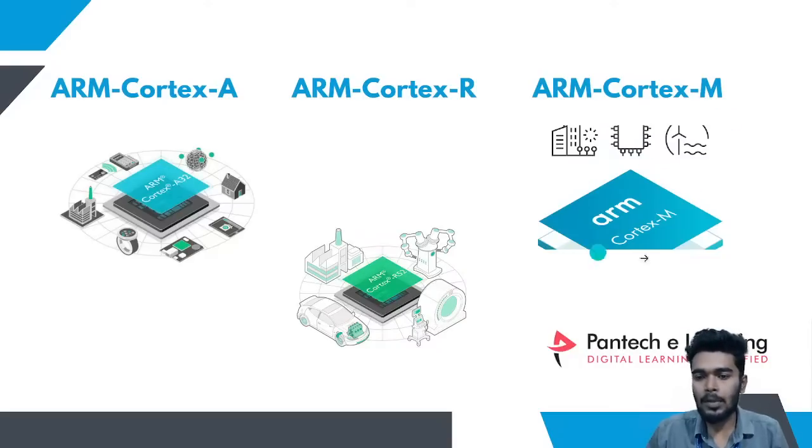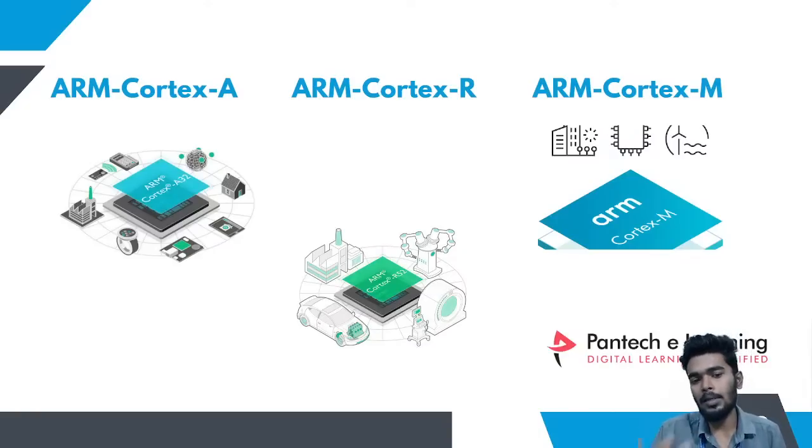When you look at the ARM Cortex-M, it is a microcontroller with lots of features, which gives you a lot of opportunity to develop projects on your own. Nowadays Cortex-M is making a revolution, and lots of industries are using it because it gives you lots of features in one controller.